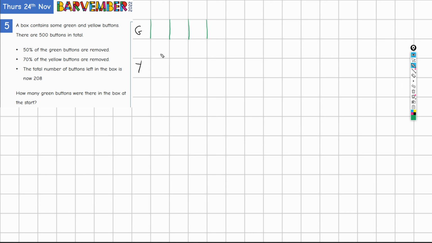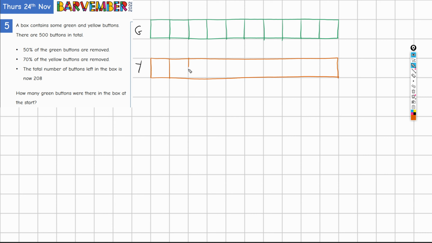But I do like to use a method like pen and paper, because that's in reality how we're going to do it. 1, 2, 3, 4, 5, 6, 7, 8, 9, 10. So that's my bar for green. I'm not going to use yellow because it's too pale, so I'm going to use an orangey color for the yellow. And this is my bar for yellow.